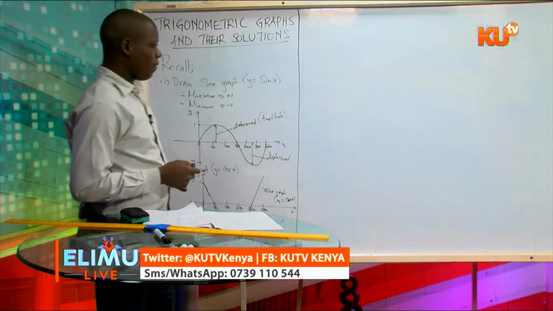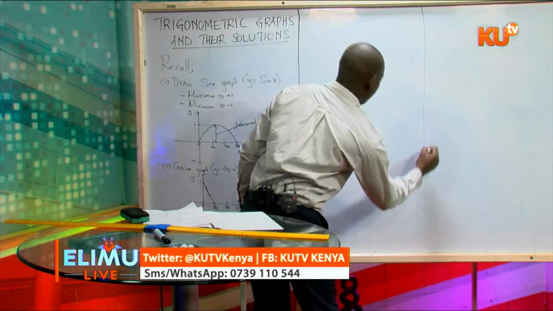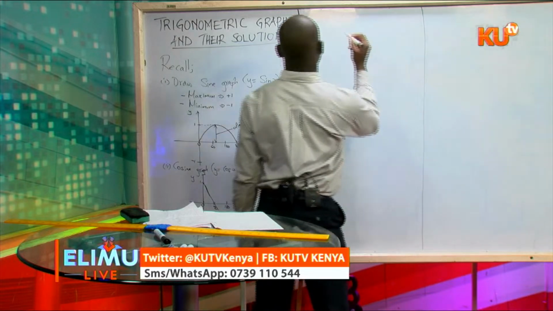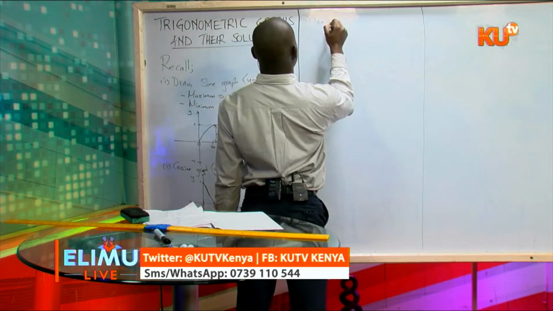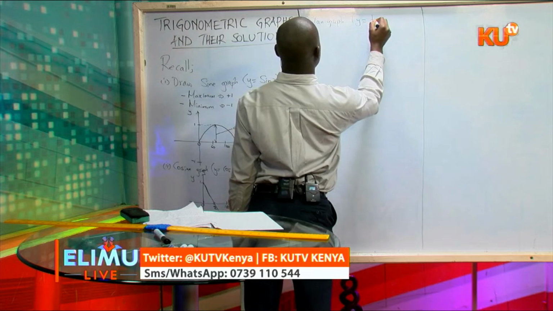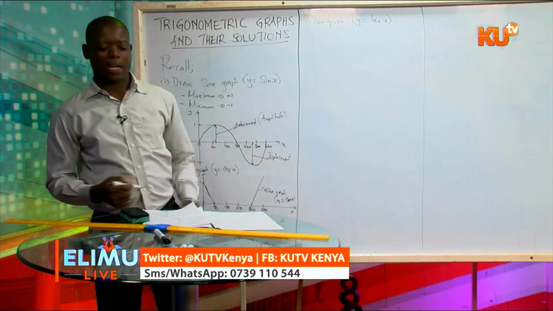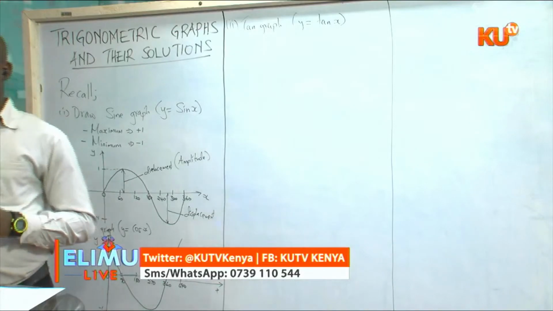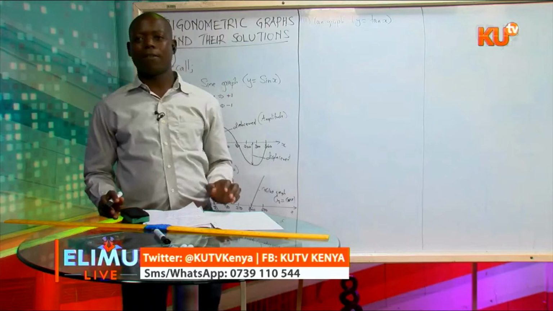Then we have the third kind of graph, what we call the tan graph. In this case, y is equal to tan x. Now, a tan graph appears differently from the cosine and the sine graph.